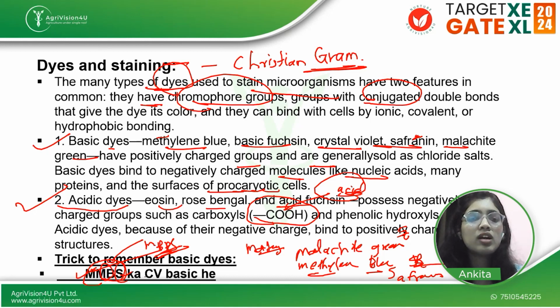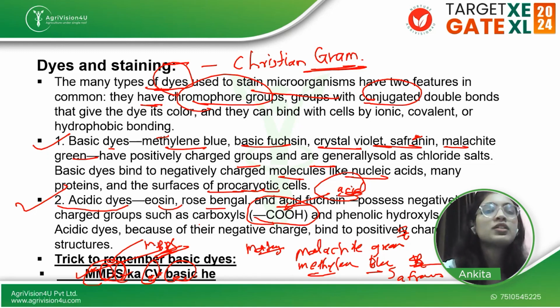Now after this S, you have the C and V capital. CV is nothing but crystal violet, C for crystal, V for violet. And basic A, this is nothing but basic fuchsin. So this is how you can remember the names of the basic dyes. And acidic dyes are only two or three in number, so you can remember them easily by just mugging up. I hope this is clear.